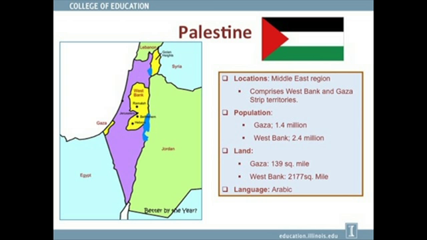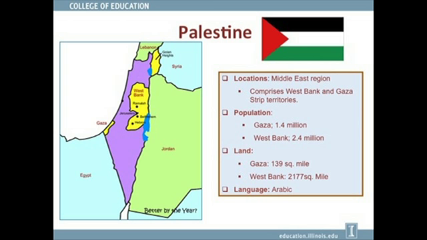The Palestinian land is pretty small. The Gaza Strip, for example, is about 139 square miles, about the distance from here to Chicago, but it has a really large population. In this little area, we have 1.4 million people living in Gaza, while the West Bank is about 2,177 square miles and has 2.4 million people.